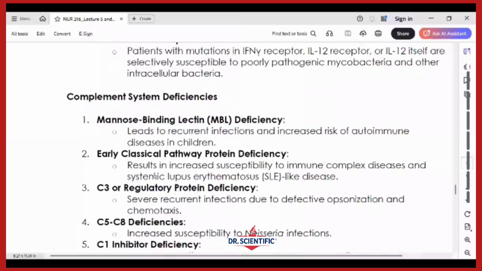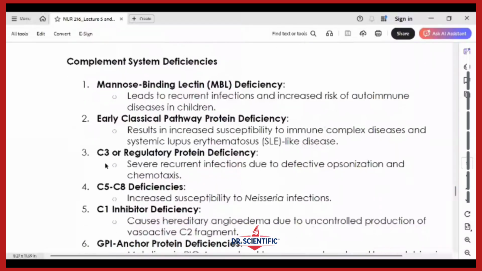Of course, C4B binds to C3B and it becomes a convertase of C3, and C3 again is broken down to C3B, and then of course binds to C5B and becomes a C5 convertase, the classical pathway.